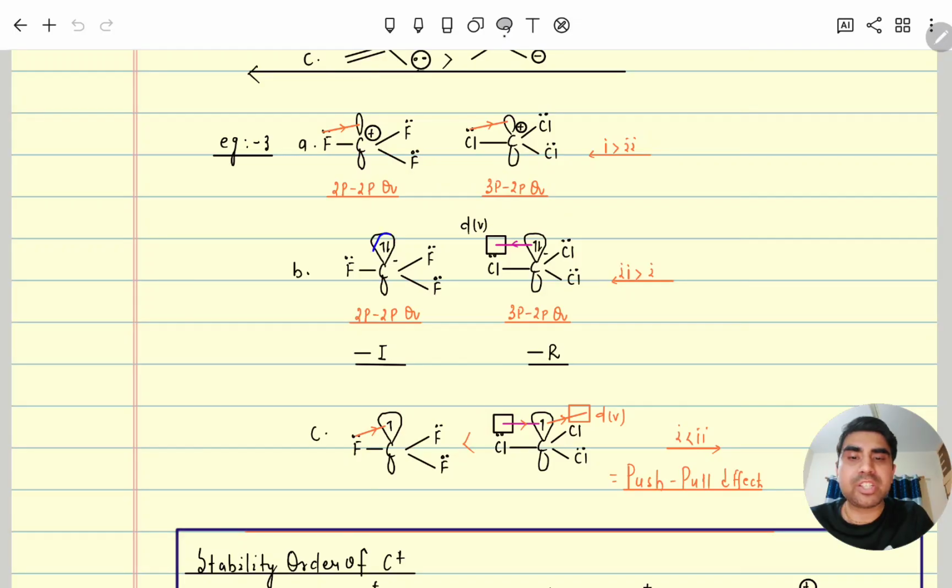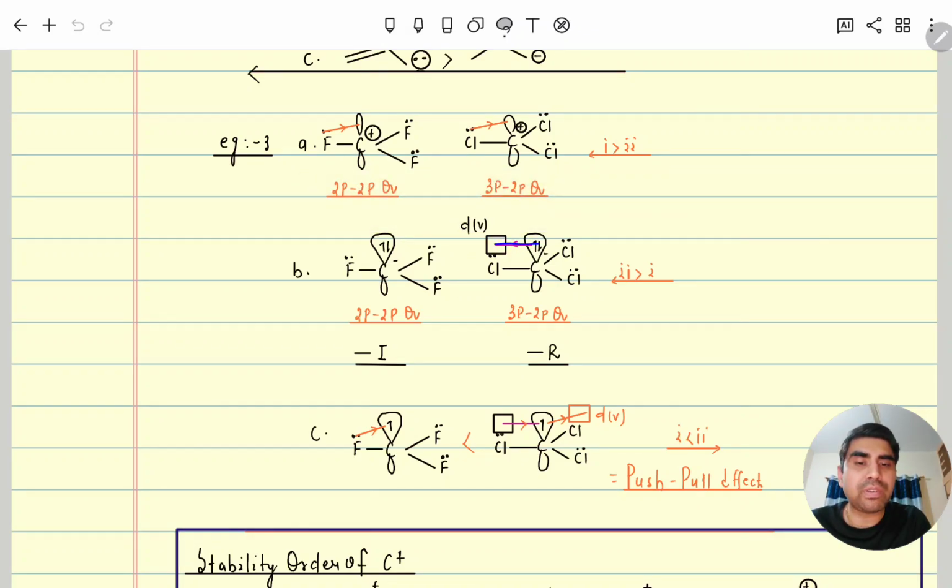One is more stable than 2. Similarly, here you can see this is a carbanion. So the carbanion already has 2 electrons, here also 2 electrons, so electrons cannot move high to low. So it has only that minus I effect. Through minus I, it is withdrawing electrons, right? Whereas chlorine can withdraw through minus I, but since chlorine is a third period element, it has vacant d orbitals.